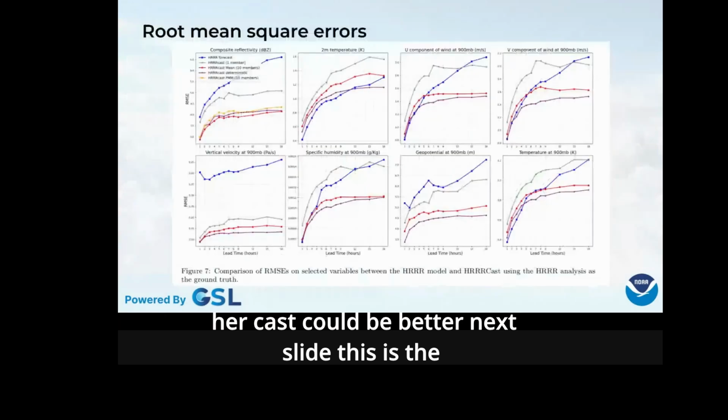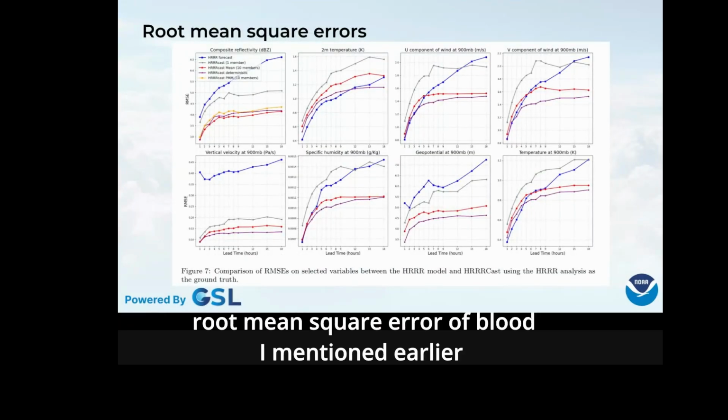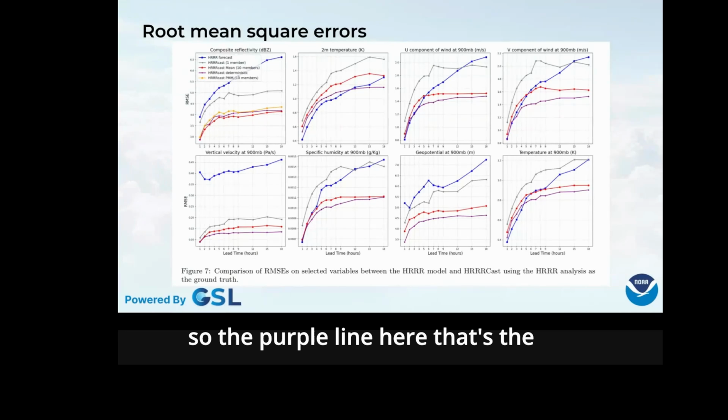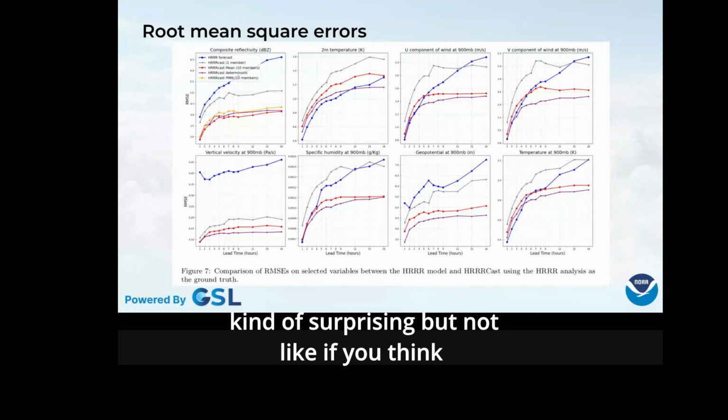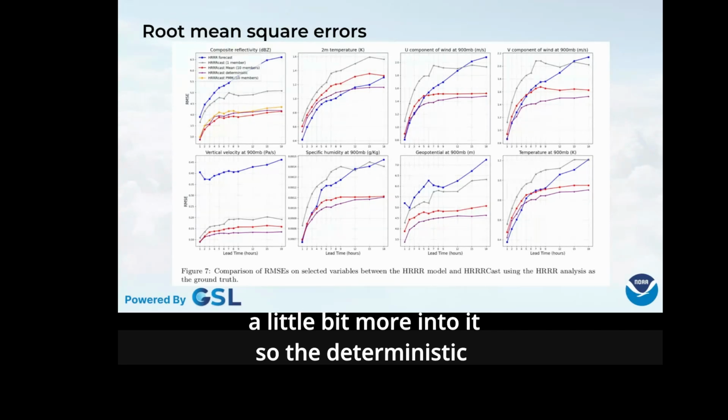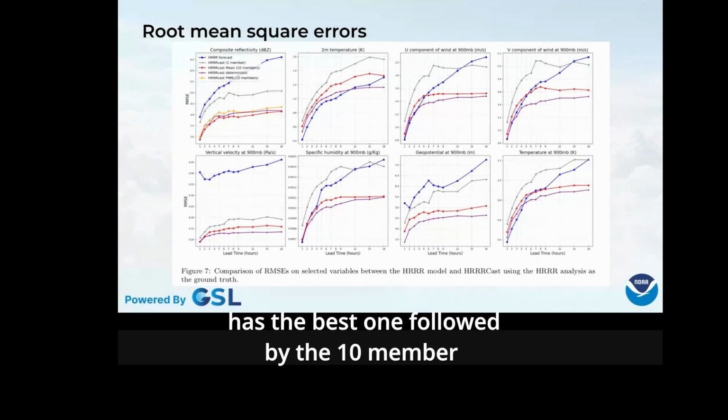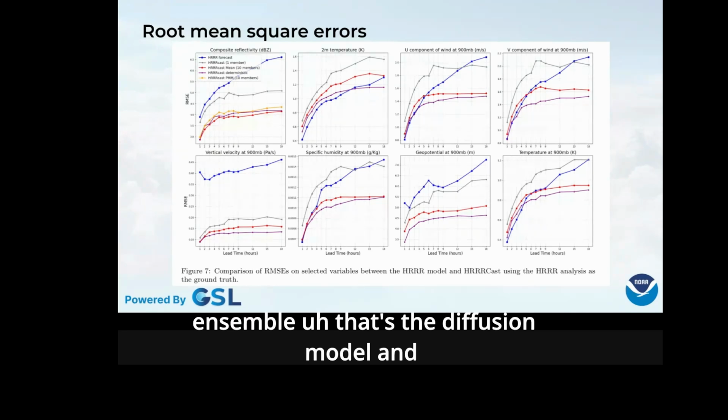Next slide. This is the root mean square error plot I mentioned earlier. The purple line here is the deterministic forecast. That's the best one. It's kind of surprising, but not if you think a little more about it. The deterministic has the best one, followed by the 10-member ensemble, which is the diffusion model.